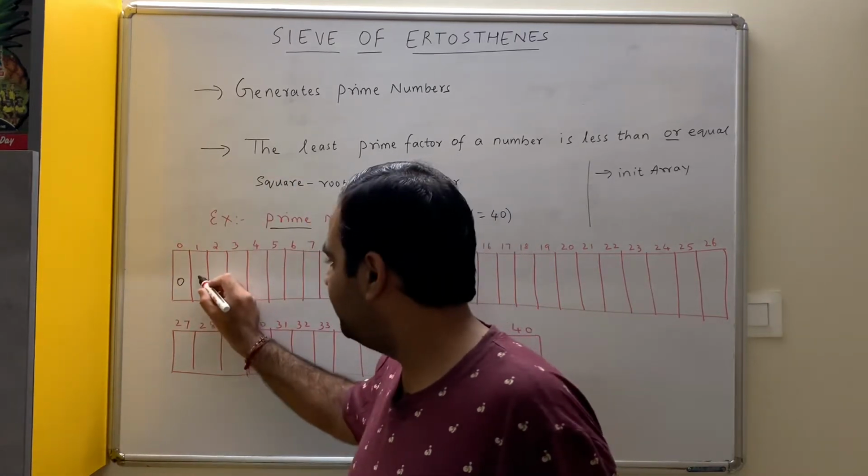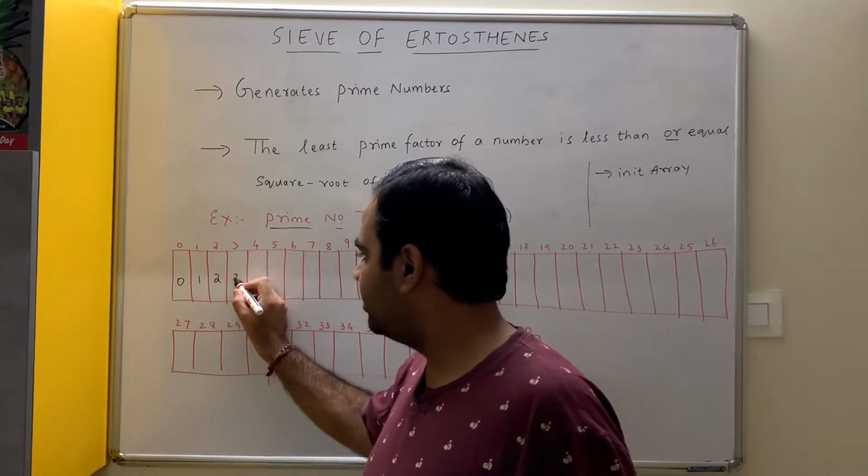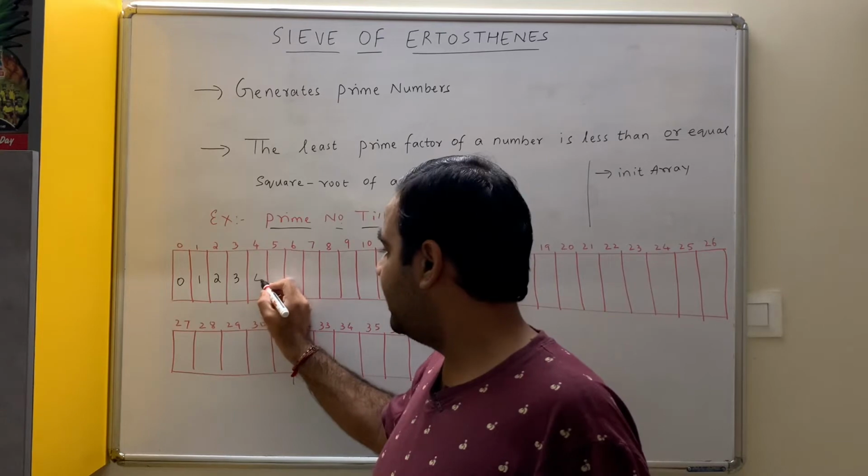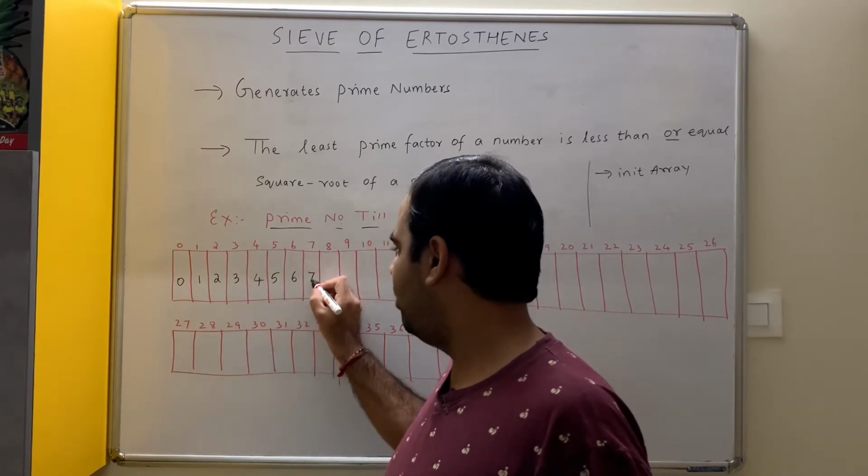At index 1 we initialize it with 1, at index 2 it is 2, at index 3 the value is 3, at index 4 the value is 4, at index 5 the value is 5, and so on.